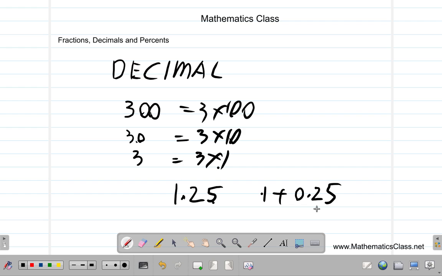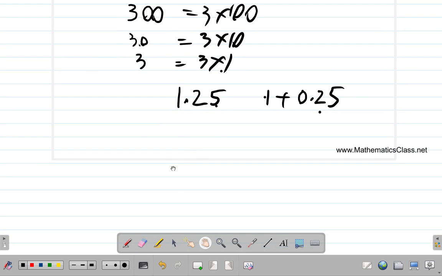But what is 0.25? Alright. Now, when you use the point, which you call the decimal point, it can show you the size of a number relative to the number 10. So you call it the decimal point.